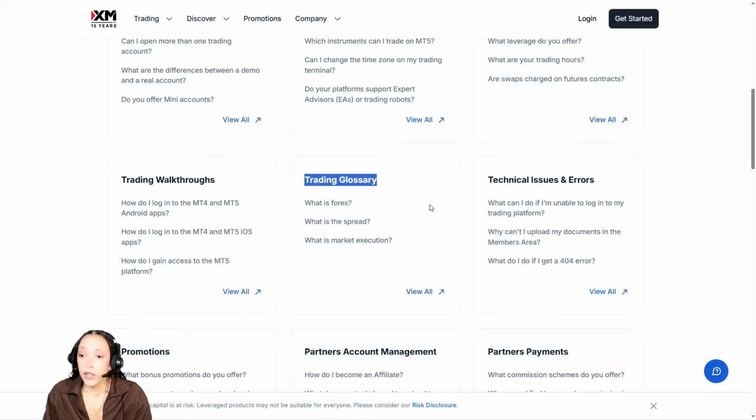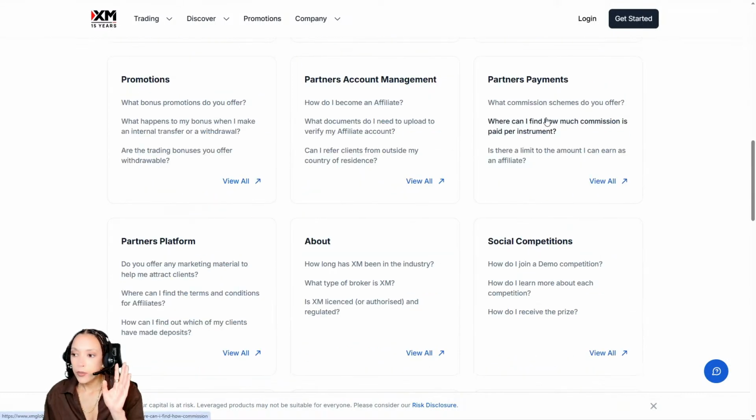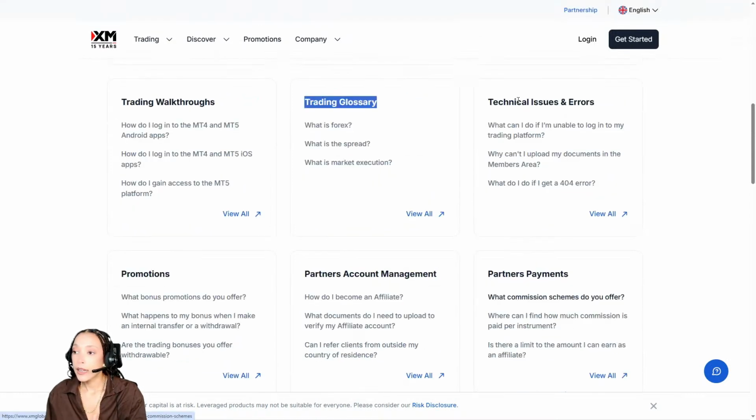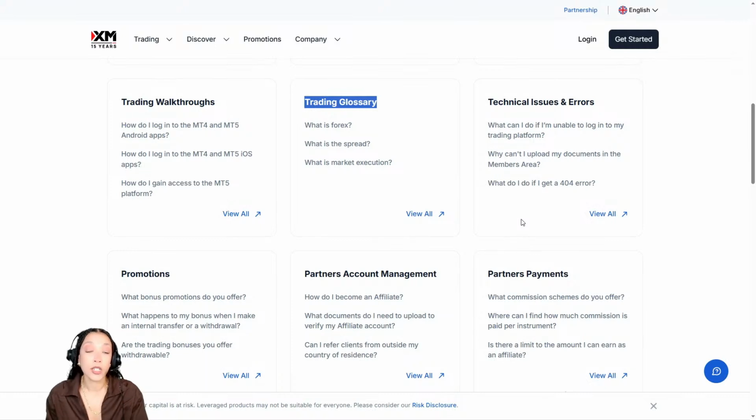So you can see promotions are nicely outlined. Social competitions, partners platform, partners payments, technical issues and errors. And of course, if you've got questions with regard to your account, deposits, bonuses, any questions related to your account, and because these are personal details, we do encourage you to go ahead and only share these personal details via the support team chat.